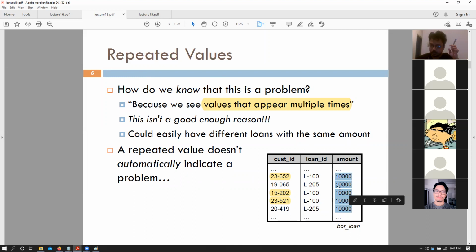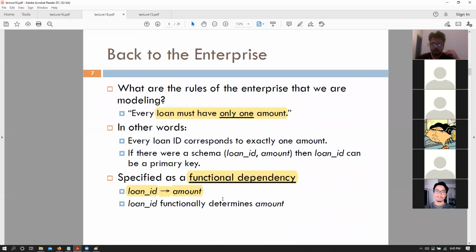Not all repeated values are bad because 10,000 can occur for other loans as well. But if we have to make repeated changes to other entries as well for a particular entry, then we can be sure that this is not following good schema design protocols. Okay.